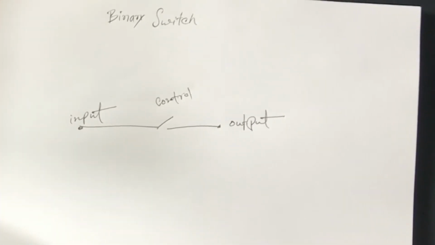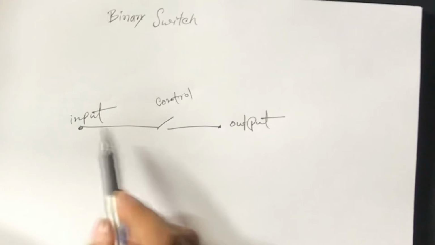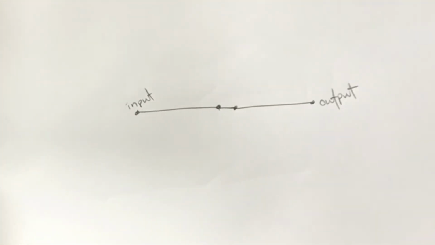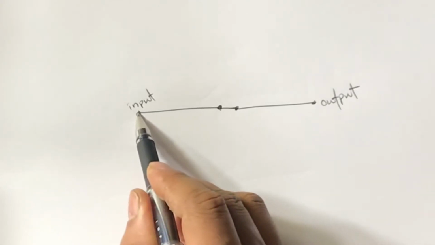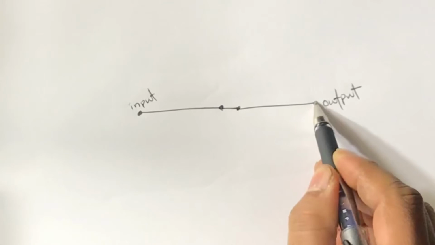Here, the switch is currently open. So when the switch is open, whatever is in the input, there is no output. When the switch is closed, whatever values are in the input, you can find it in the output.